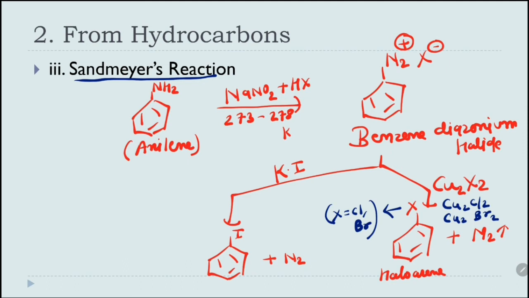Remember this, it is very important: if Cu2X2 is taken, then the halogen may be either chlorine or bromine, and if you want to add iodine, then we can take potassium iodide. I think this reaction is clear to all of you. Now let's move to the next reaction.